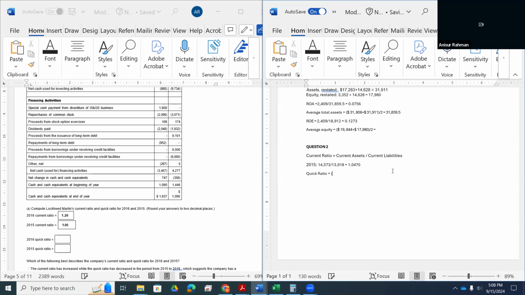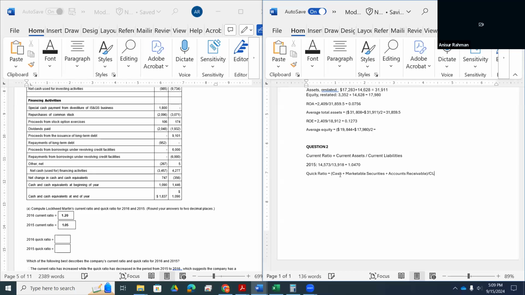In calculating quick ratio, we take cash, add marketable securities, and accounts receivable. That is for our numerator.